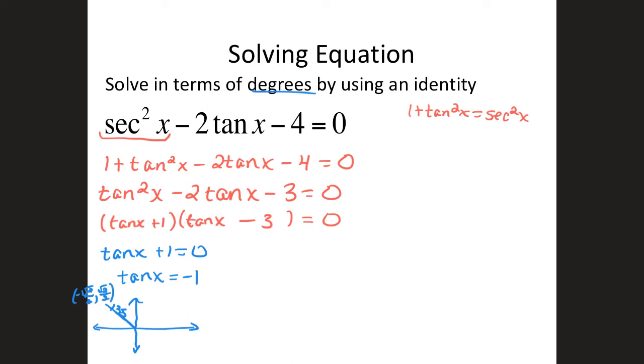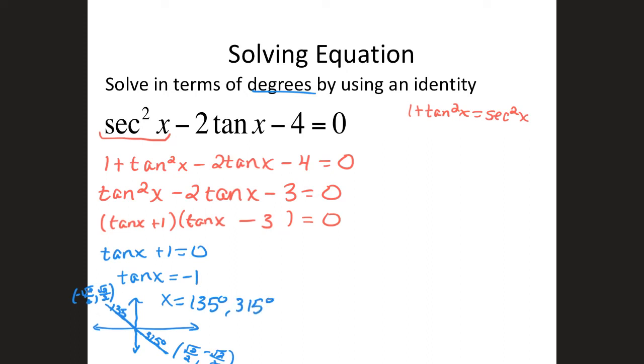And then tangent is going to be the same if I go across into the other quadrant 180 degrees away, and this will give me 315 degrees, because this one is √2 over 2, comma, -√2 over 2. So those are my two solutions for this equation: x equals 135 and 315.